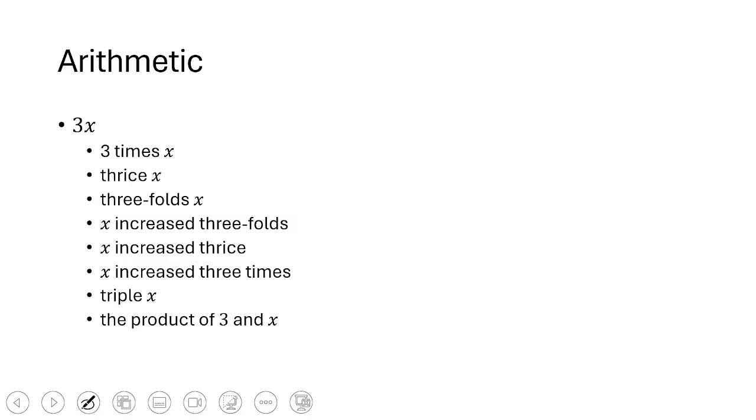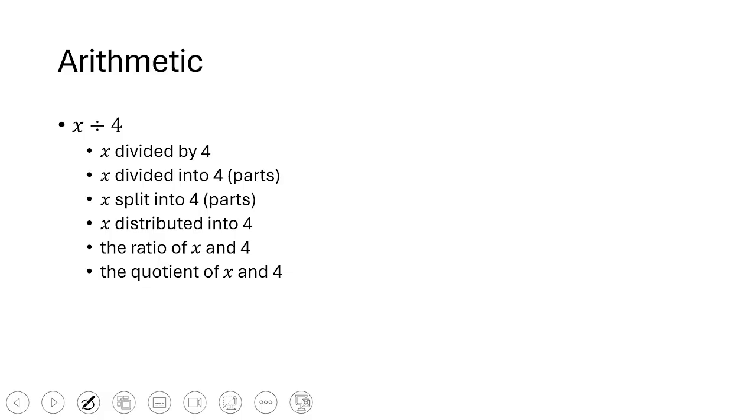In algebra, we simply read that as 3x, but since this is multiplication, we can also say 3 times x, thrice x, three folds x, x increased three folds, x increased thrice, x increased three times, or triple x. Again, since this is multiplication, the result is called the product, so we say the product of 3 and x.